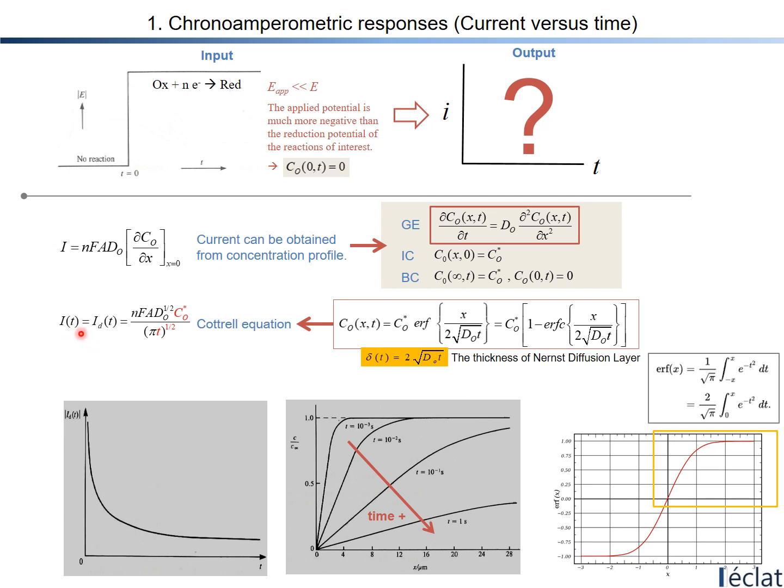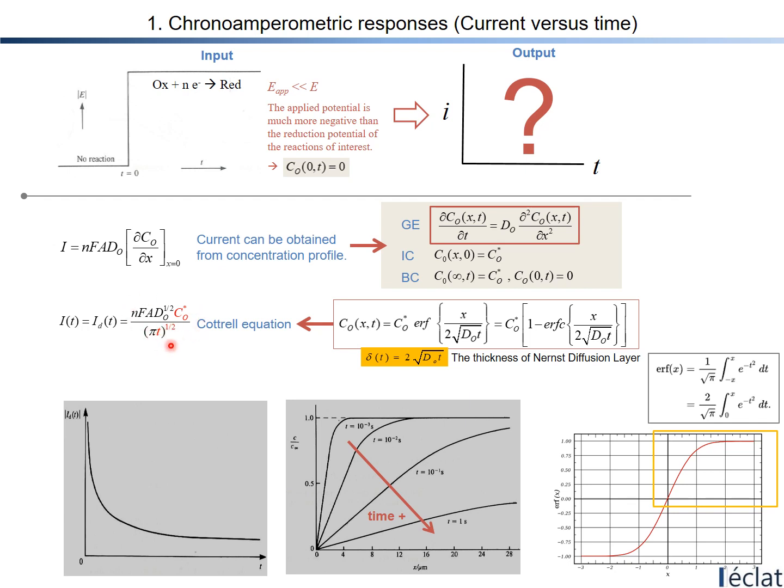This current, as a function of time, is inversely proportional to the square root of time. Let me read the equation. nFA, the square root of the diffusivity of oxidized species, times the bulk concentration, per the square root of the product of pi and time.